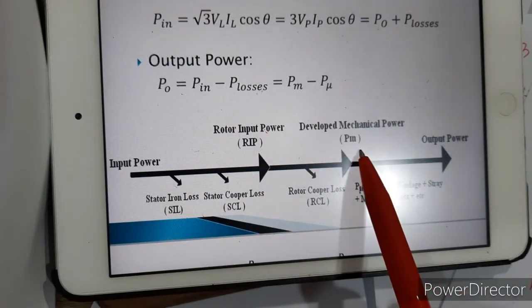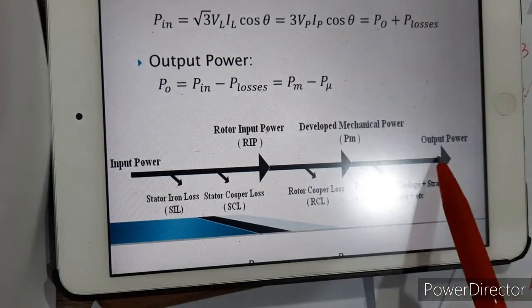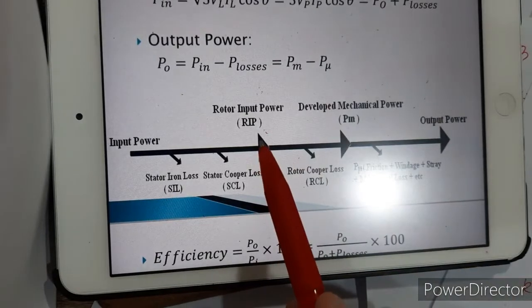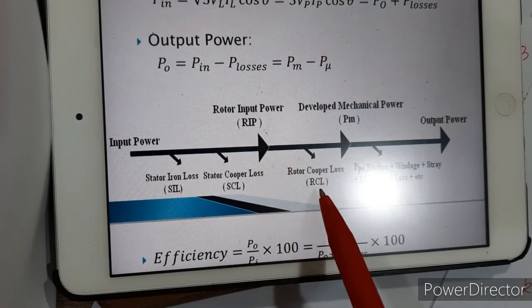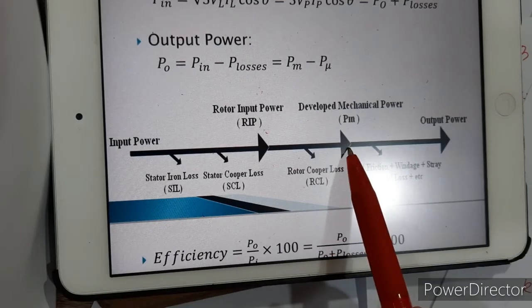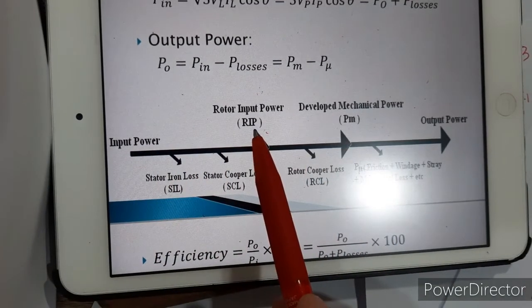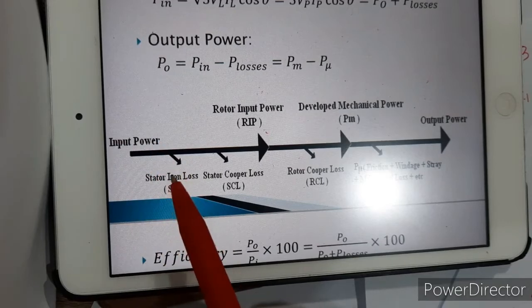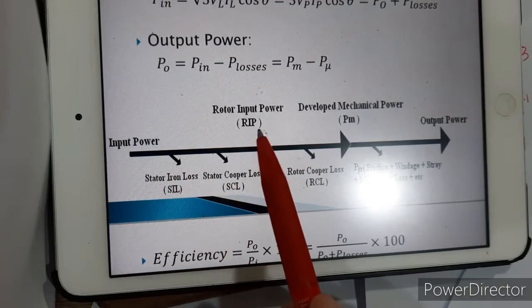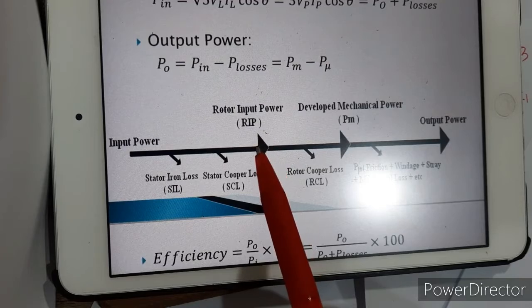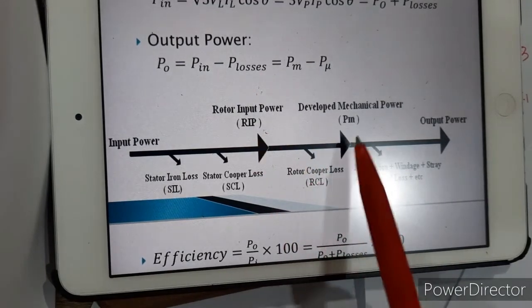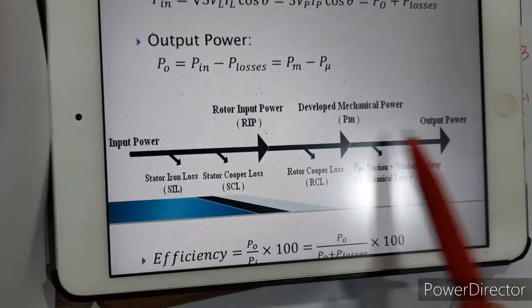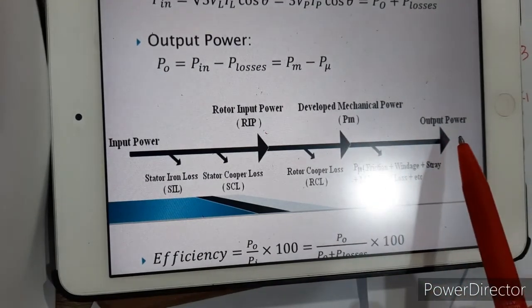If you already know the PM, then PM minus this one, you can get this one. Same for this one. If you have information about RIP, RIP minus RCL, you can get PM. If you want to determine RIP, input power minus the losses, you can get RIP, rotor input power. To determine PM, RIP minus RCL gives PM. To determine output power, PM minus P mu gives the output power.